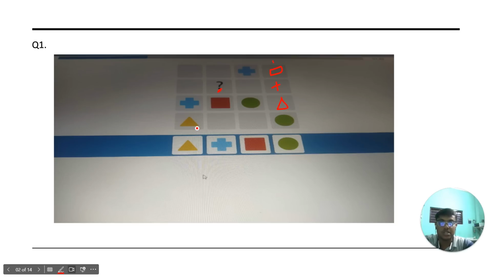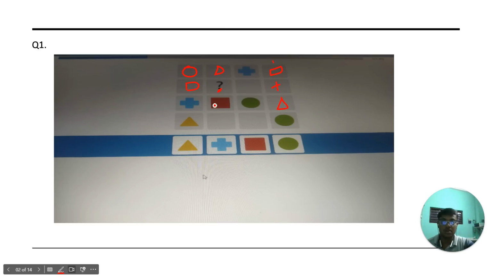Again, if you come to this junction, here triangle can't come, plus can't come, and square can't come, so only one option is placing this circle, and here only one symbol left, that is the square symbol, and for this box only the triangle symbol is left.